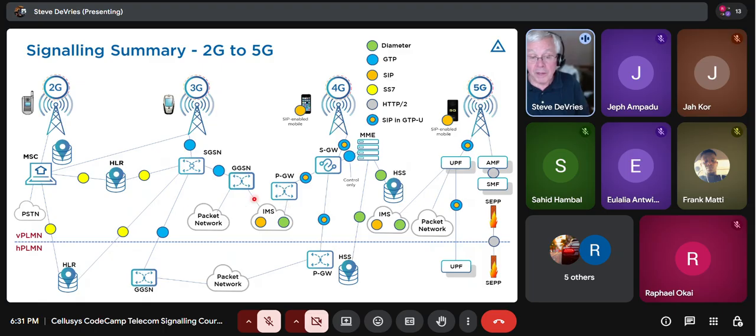And you can either talk to the packet network or to the IP multimedia subsystem. If you talk to the IP multimedia subsystem, inside of there is SIP and Diameter. If you're roaming, the serving gateway sets up a GTP tunnel to the P gateway back here, and that also is SIP. So SIP is inside those data tunnels.